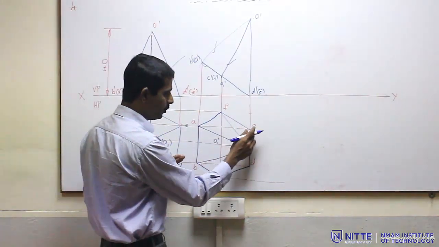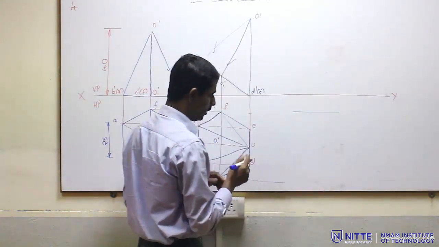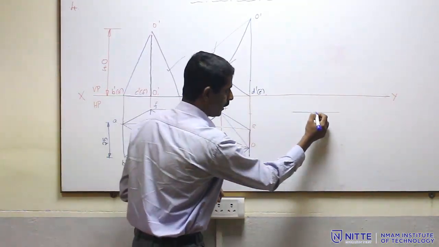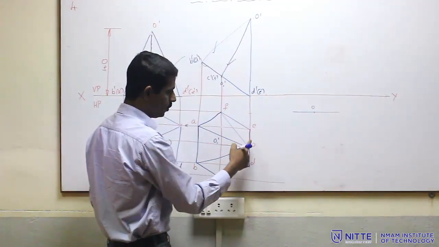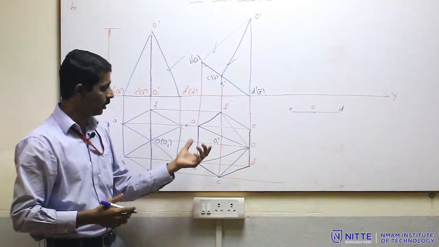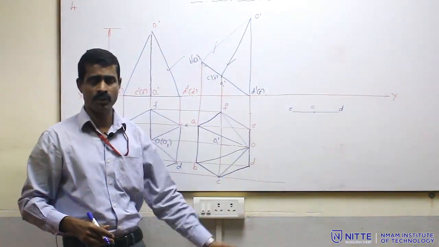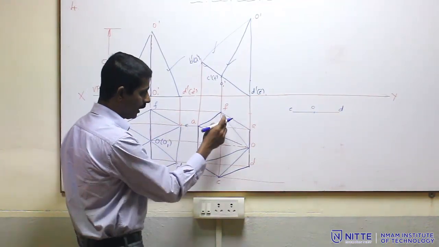So, first I go for ODE, I draw a line here, center is O and 2 points are D and E. I have to reproduce or redraw this particular view there, by keeping ODE parallel to XY or parallel to VP. Now, how shall I obtain other points?